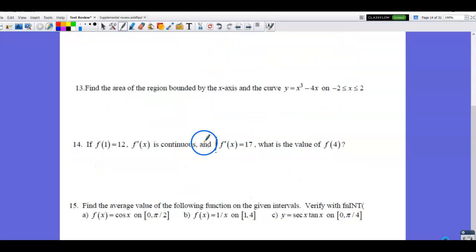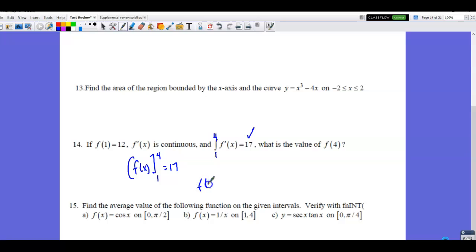All right, so we said that the net accumulated area from 1 to 4 of f prime of x is 17. The 12 has already been added in when the anti-differentiation was done. So when we do the FTC part 1 and we find the antiderivative of f prime, that gives us f of x evaluated from 1 to 4 is 17.